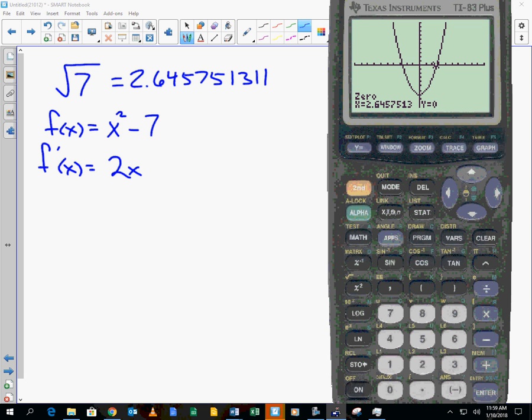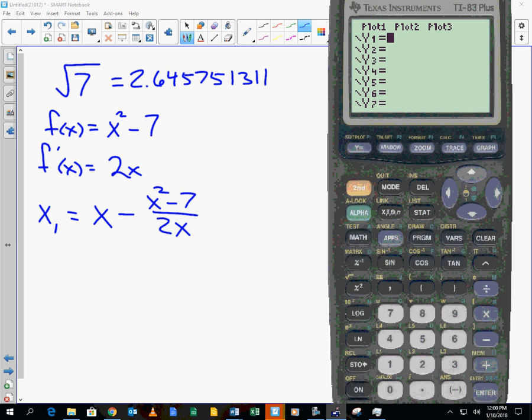So Newton's method would be, if we want the next guess, we would take x minus the function divided by the derivative. I mean, that's the rule, right? I'm going to type that in. I go x minus parentheses x squared minus 7 divided by 2x.